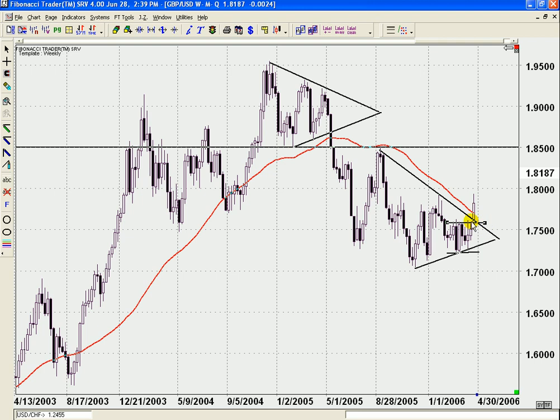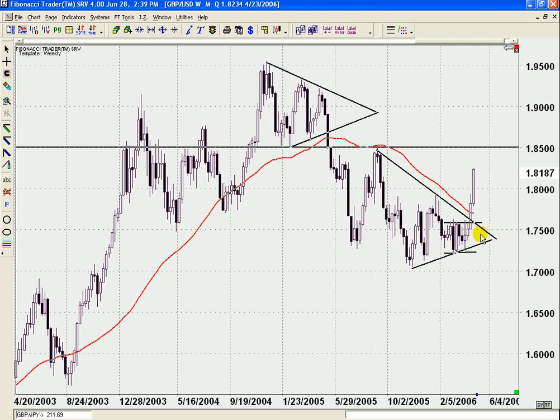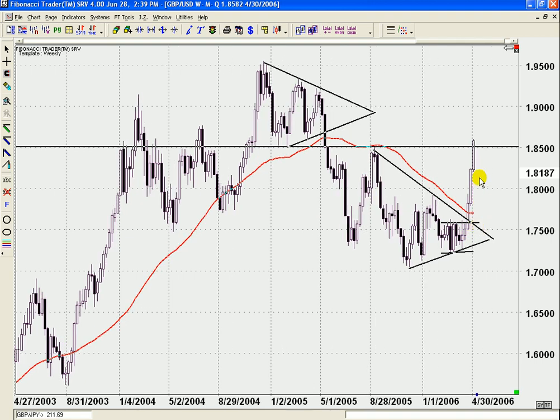This move can be considerable because we've had this really tight winding up of the market. We break out three consecutive days, and then three consecutive weeks, we move 1,000 pips in 3 weeks.